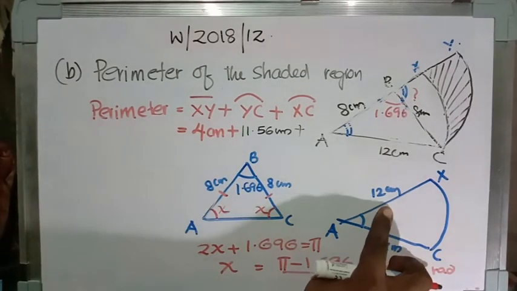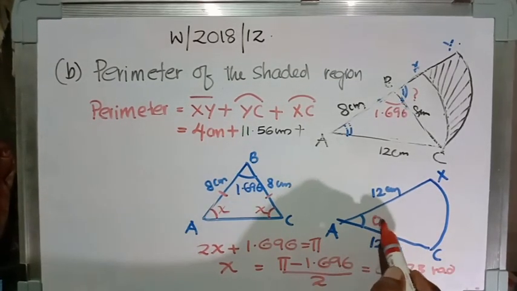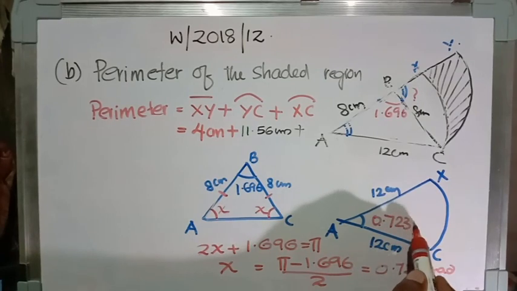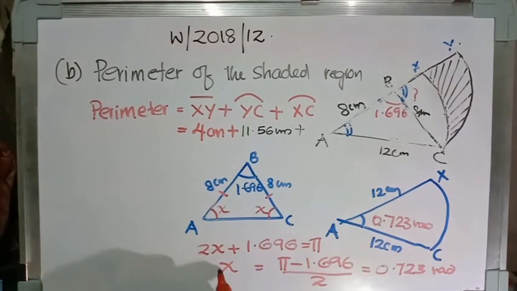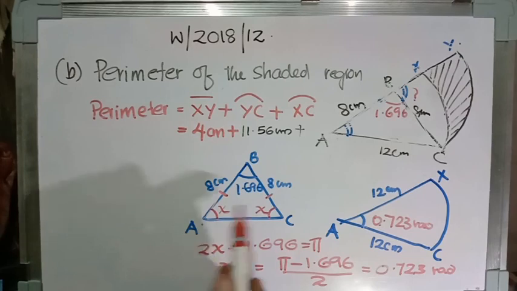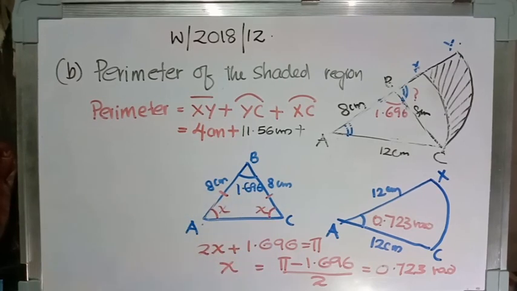That means angle A is nothing but 0.723 radian, because x is assumed as angle BAC as well as angle BCA.